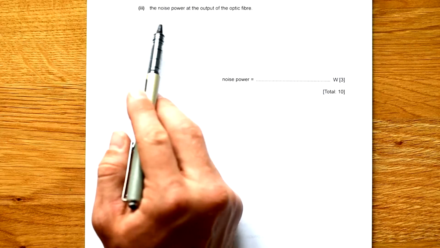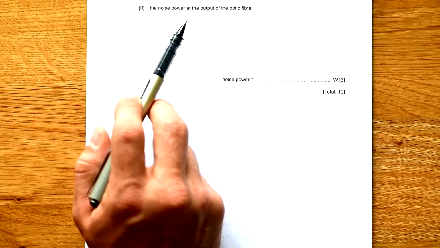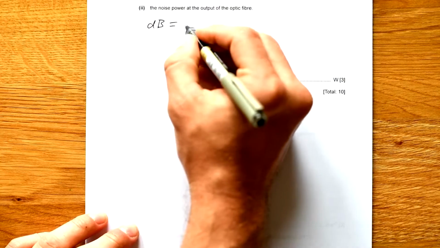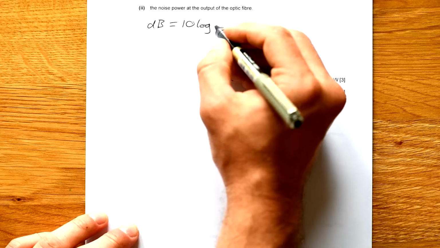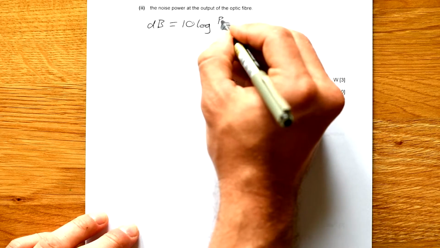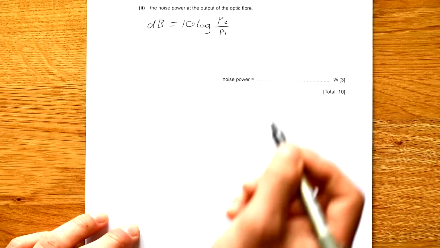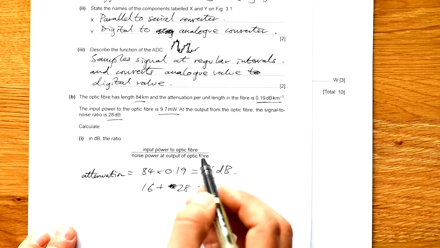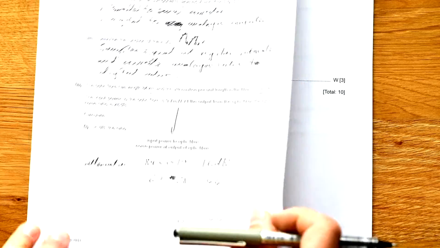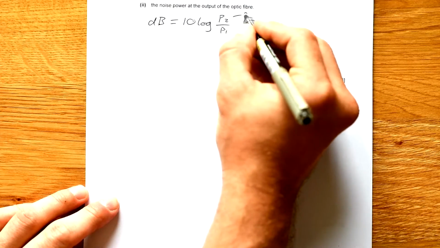Part 2, calculate the noise power at the output of the optic fiber. So decibels are equal to 10 times log to the base 10 of the ratio of powers. Now we have been given the input power, which is 9.7 milliwatts. So this is 9.7.